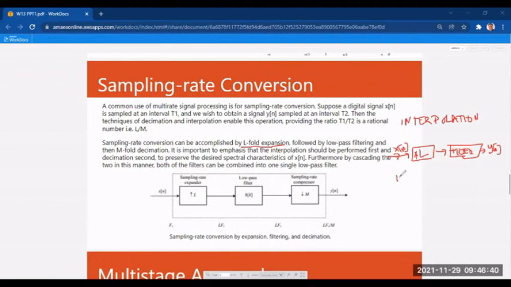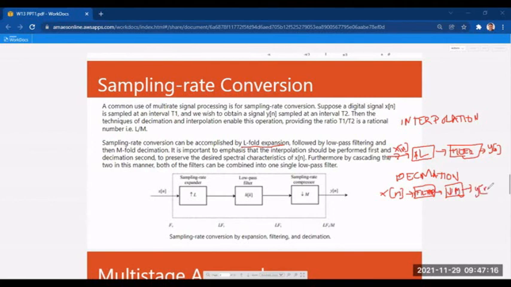In the case of decimation, that was x of n, then filter, then decimate, then y of n.